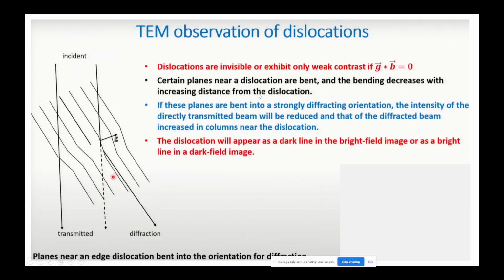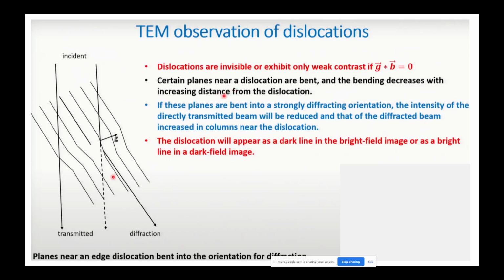So the dislocations are invisible or exhibit only weak contrast, depending on the magnitude of the Burgers vector.